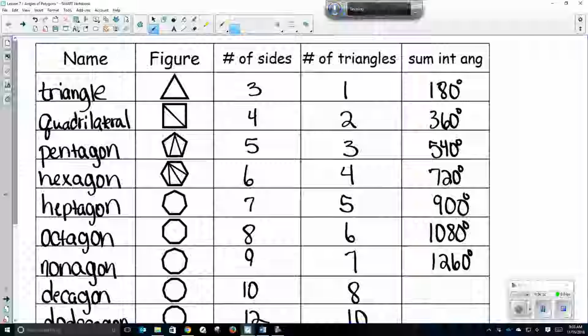Is that right? Okay, and then another triangle would be, did I skip something? No, I didn't. I'm looking at the wrong thing.